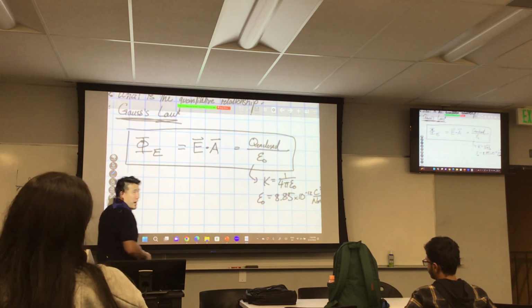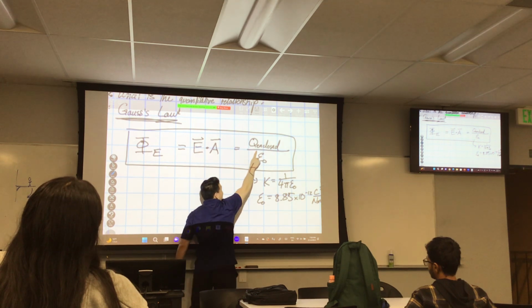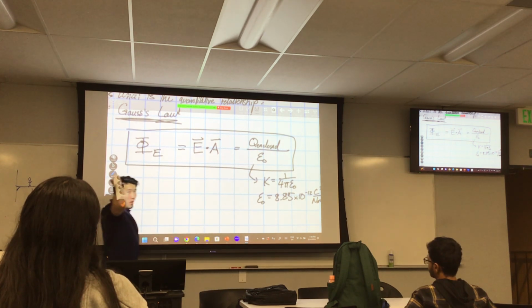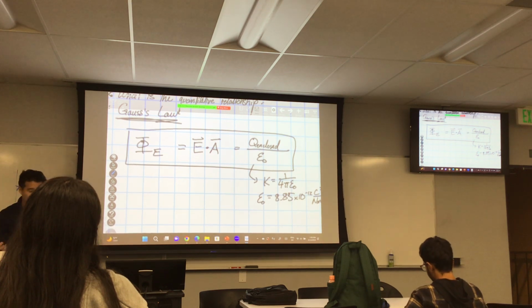So notice what happens. We have a relationship between the electric field and the charge. That's what Coulomb's law provided for us, right? Electric field to the charge.